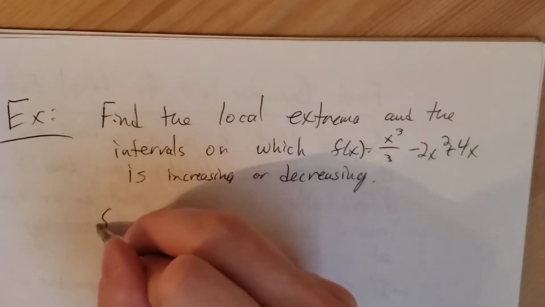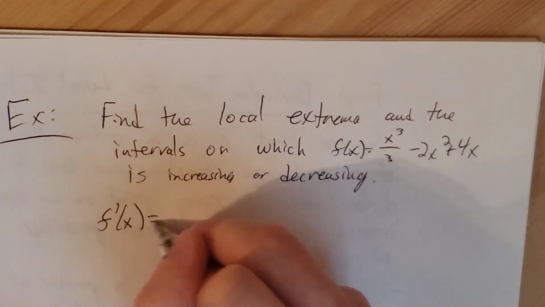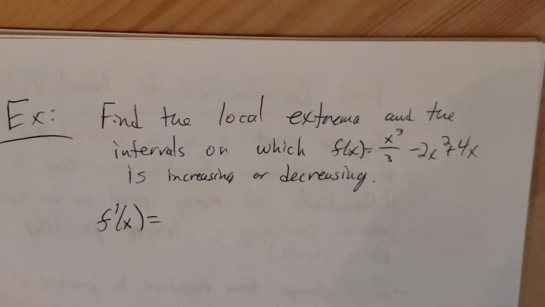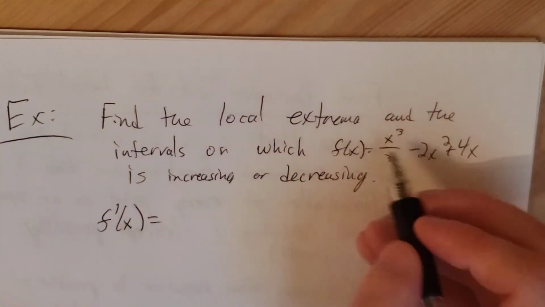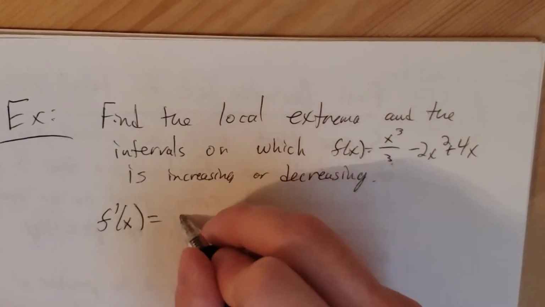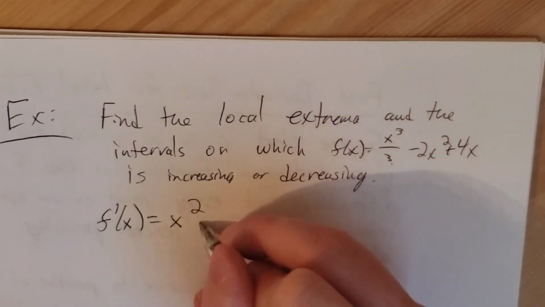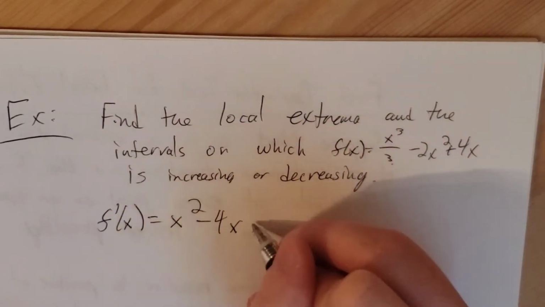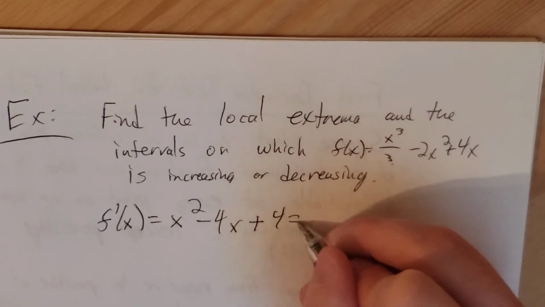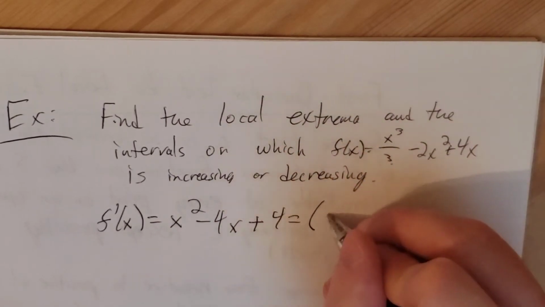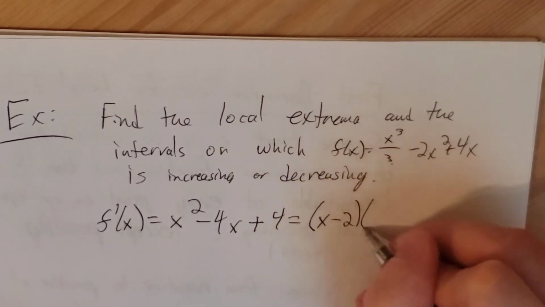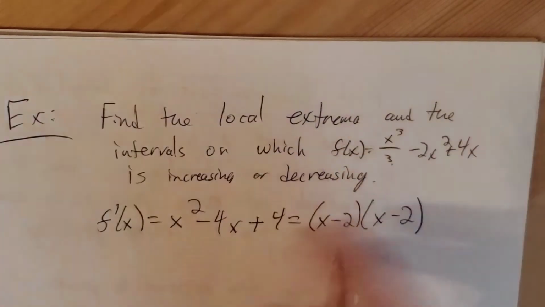Well, first, just like before, we want to find our critical points, and we do that by taking the derivative. So f prime of x is equal to 3x squared over 3, that just reduces to x squared, minus 4x plus 4, which we can factor into x minus 2 times x minus 2.